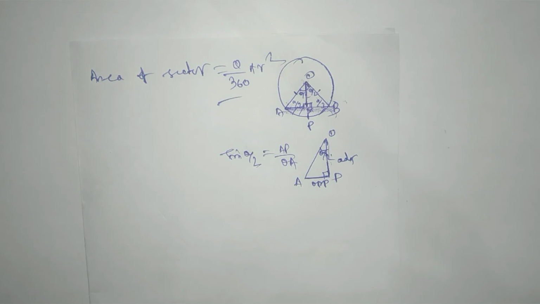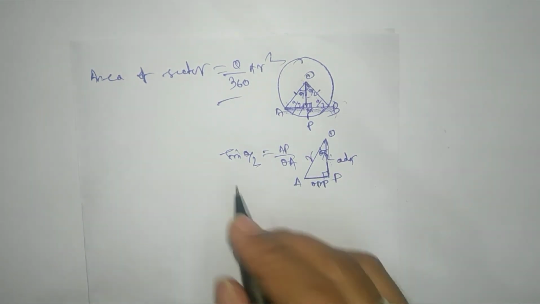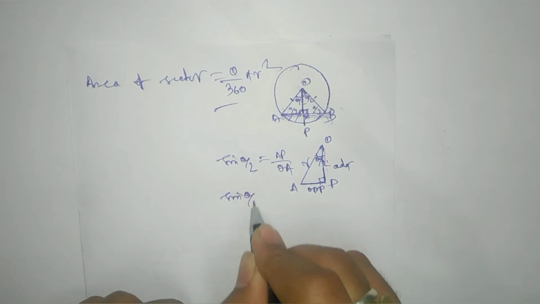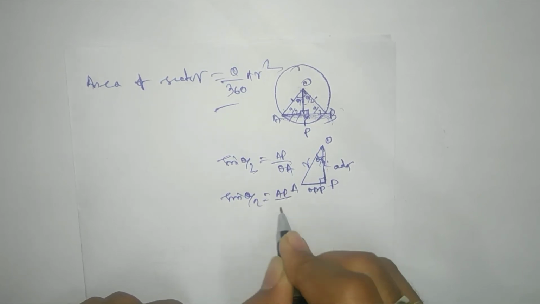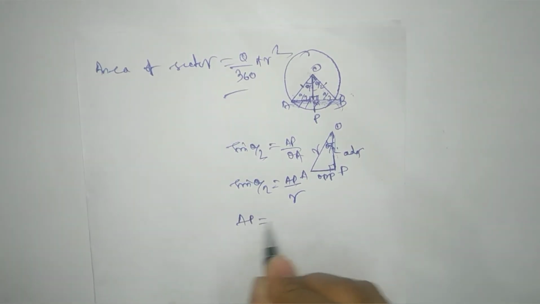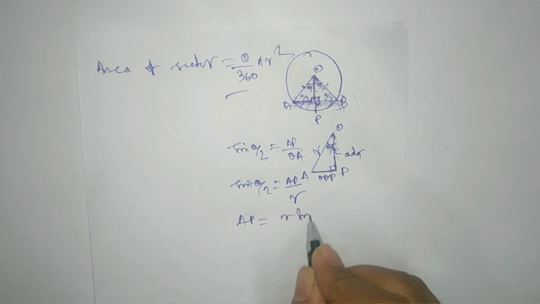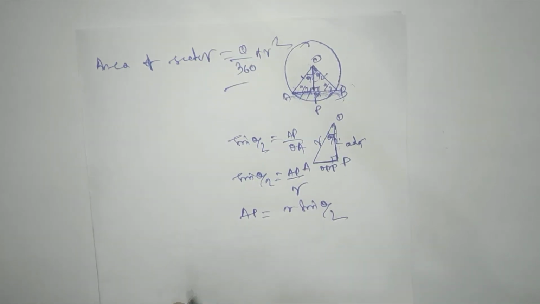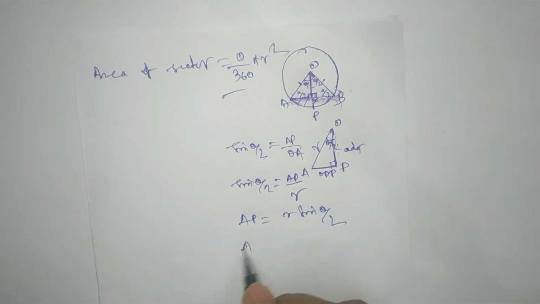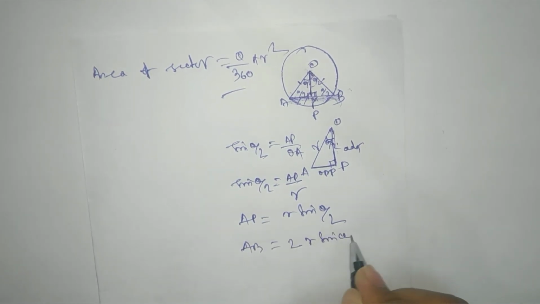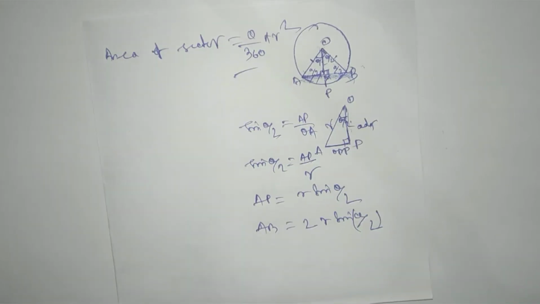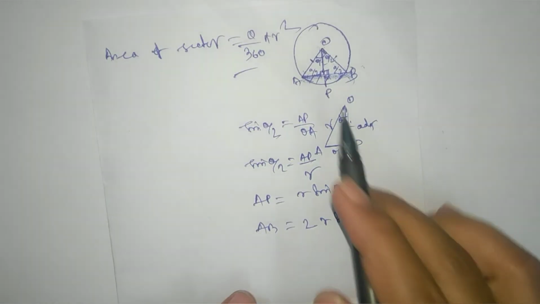And we'll take this OA as radius. So sine theta by 2 equals AP by R. That means AP equals R sine theta by 2. That means the whole thing AB equals 2 times R sine theta by 2. This is your AB.